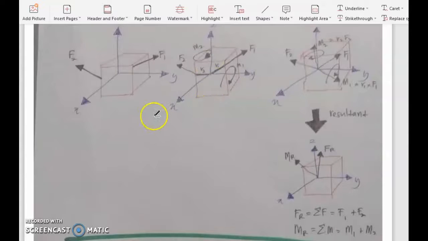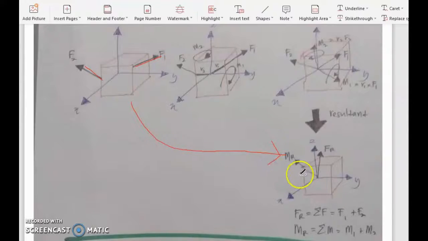Okay, let's go back here. We already discussed multiple forces for 3D. If there are multiple forces here, you can simplify this model into an equivalent model like this one.